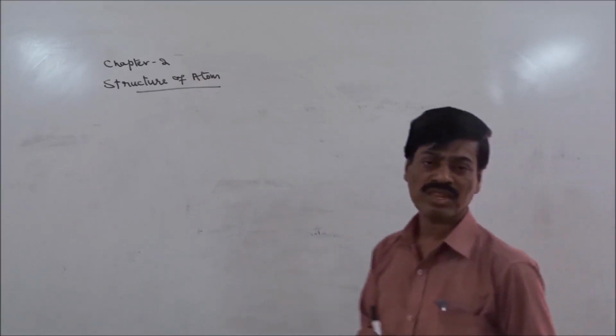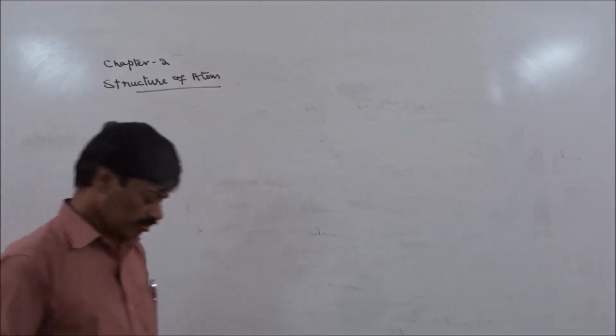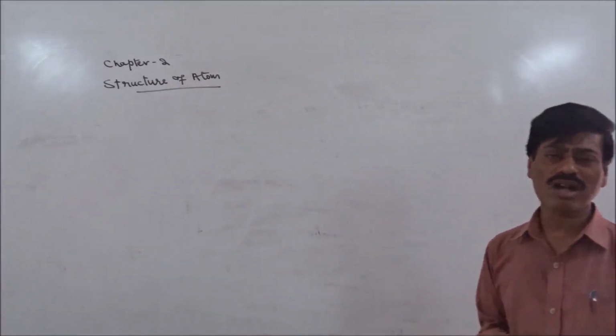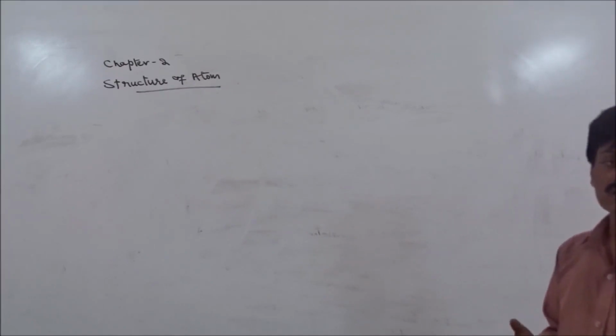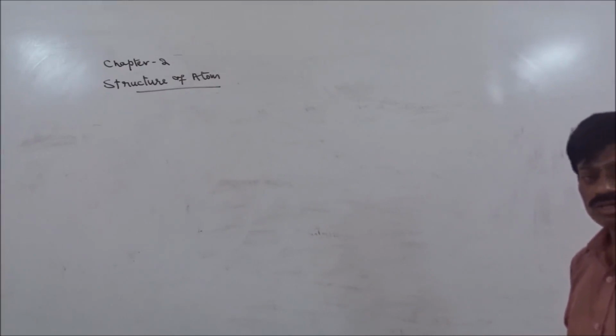That means the electron's mass is meager, very very less when compared to the mass of a proton or the mass of a neutron. That is why the mass of an electron, or the total mass of the electrons revolving around the nucleus, is ignored.